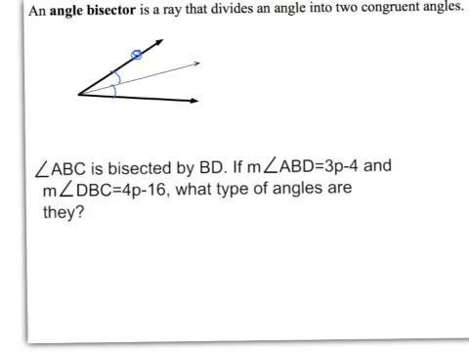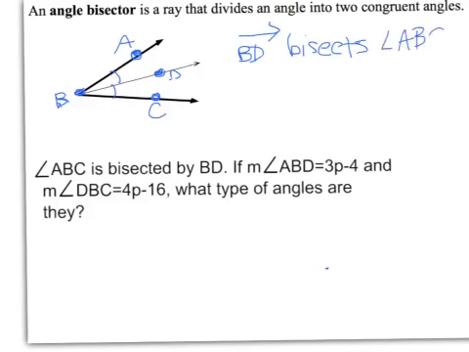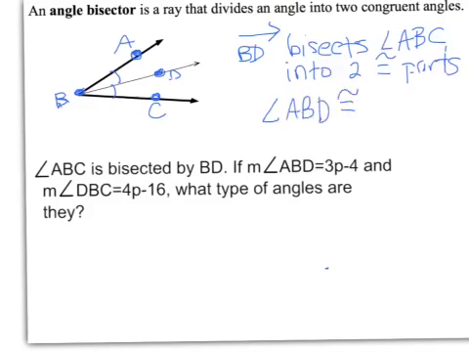So let's say that we have angle ABC, and this is point D. We're saying that ray BD bisects angle ABC into two congruent parts. And those two parts would be angle ABD, which is congruent to angle DBC.